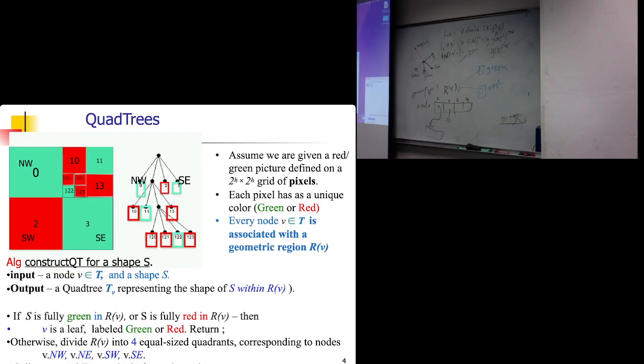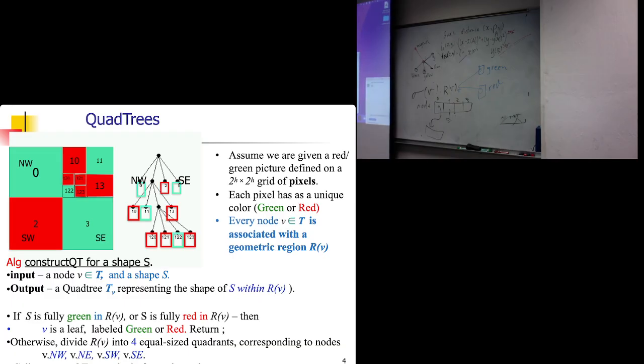The northeast part, quadrant 1, this is not 10. It's 1 followed by 0, and 1 followed by 2 followed by 2. So quadrant 1, the northeast, is neither fully red nor fully green. So I'll have to split it as well into 4 quadrants.